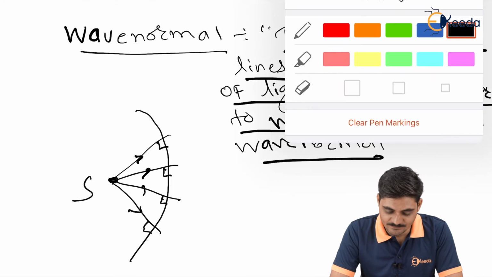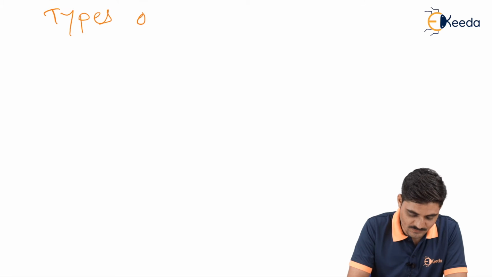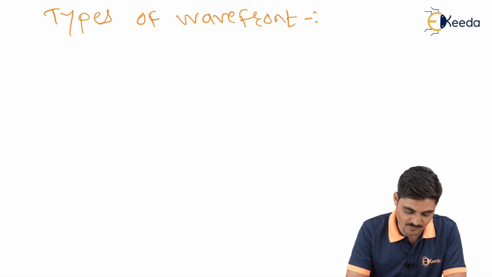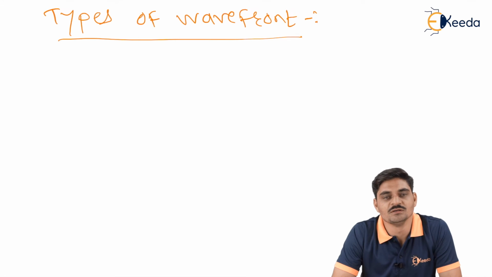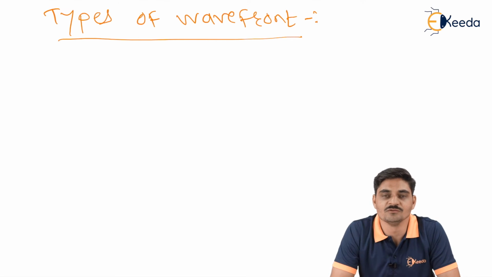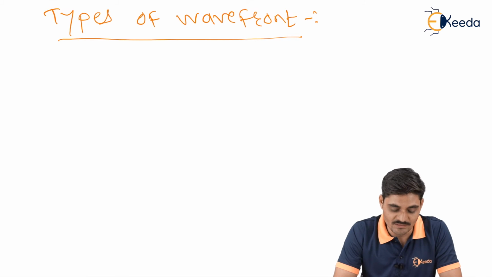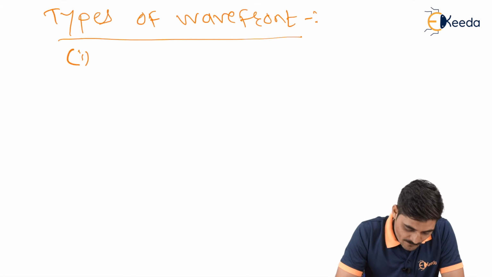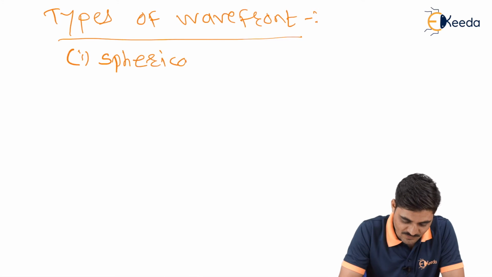Now let's try to understand types of wavefront. If we are having a point source, a linear source, or a source at infinity, then different types of wavefront we obtain. First type of wavefront is spherical wavefront.